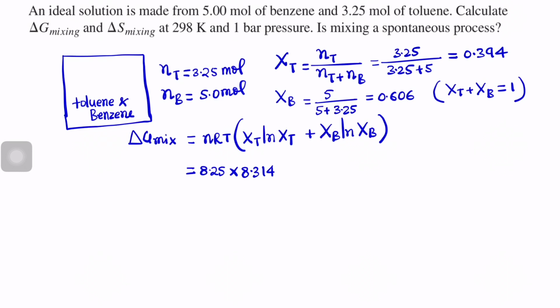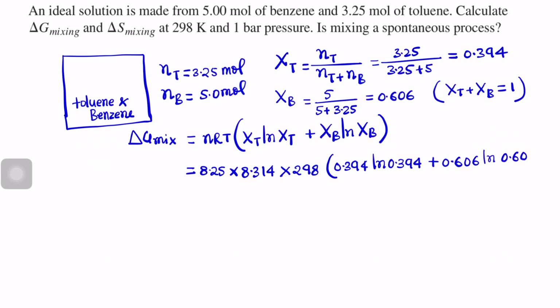Temperature must be in Kelvin, that is 298, into the mole fraction of toluene, 0.394 ln 0.394, plus the mole fraction of benzene, 0.606 ln 0.606. Now we simply use the scientific calculator and you will get around minus 13.7 into 10^3 joule. So this is the value of delta G mixing.